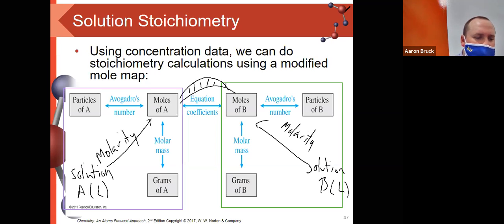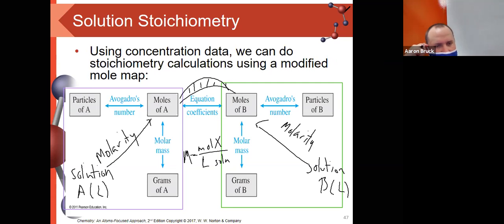You have to remember our equation. Molarity is moles of our substance over liters of solution. So manipulating this equation, molarity times liters would give me moles.